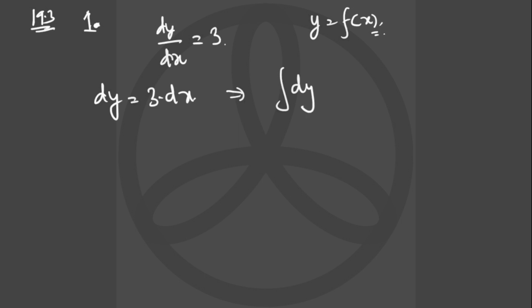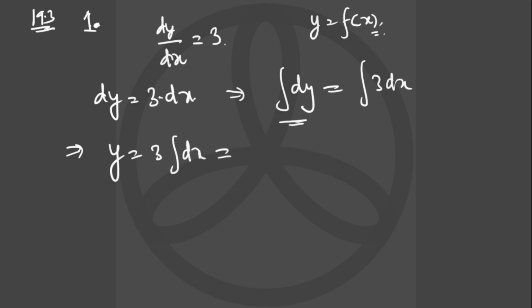So here it will be the integral of dy, and here it will be the integral of 3 dx. This will give us y on one side, and on this side we will get 3 times the integral of x, which is nothing but 3x plus a constant of integration c.